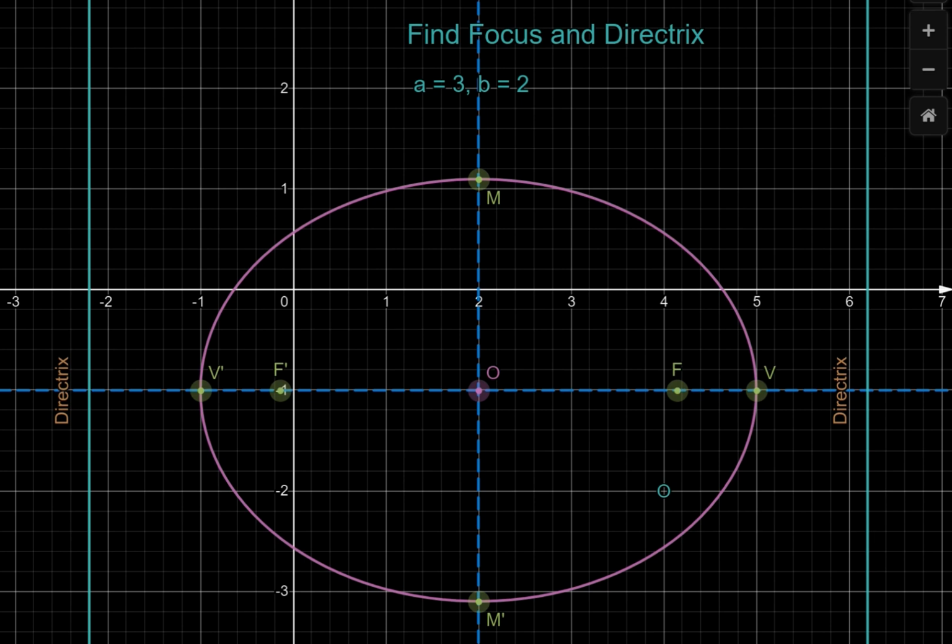How will you find the focal point? The focal point value is c, which you can find by the difference of squares of a and b and square rooting them. So square root of 9 minus 4 gives you the value of c. That is, c is the distance from the center to F, right?